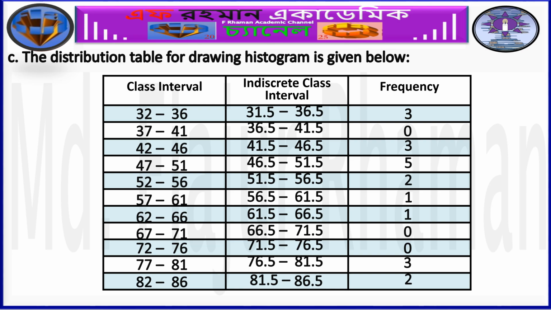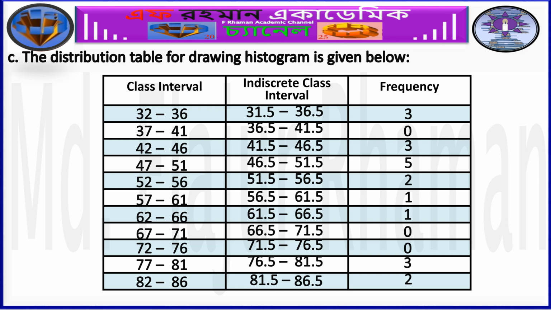But we can easily write the indiscrete class intervals from the discrete class intervals. Just subtract 0.5 from the lower limits of the class intervals and add 0.5 to the upper limits of the class intervals, such as 32 minus 0.5 is equal to 31.5, 37 minus 0.5 is equal to 36.5, and so on.